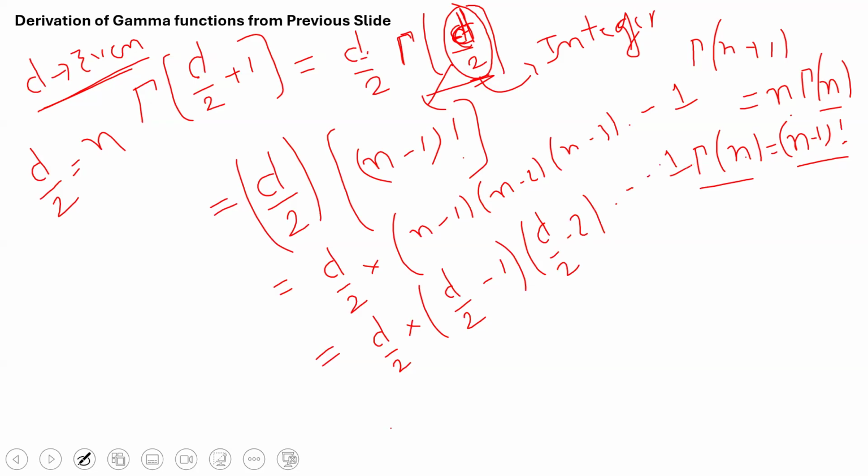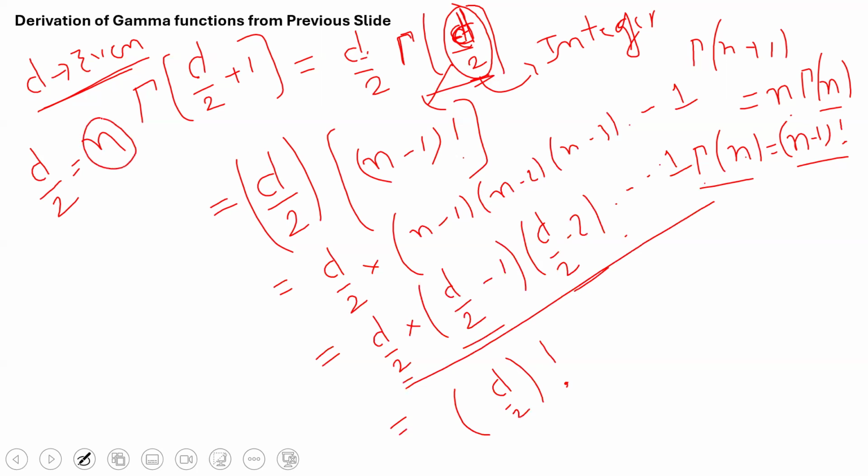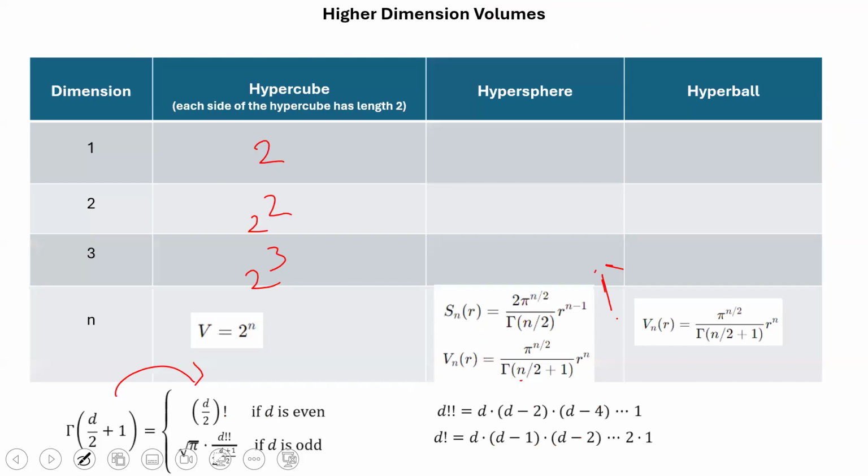So if you look at this whole thing, this becomes d by 2 factorial, which is d by 2 into d by 2 minus 1, d by 2 minus 2, and so on up to 1. So if d is even, gamma of d by 2 plus 1 becomes d by 2 factorial. That is what is given over here: gamma of d by 2 plus 1 is d by 2 factorial if d is even. Got it?